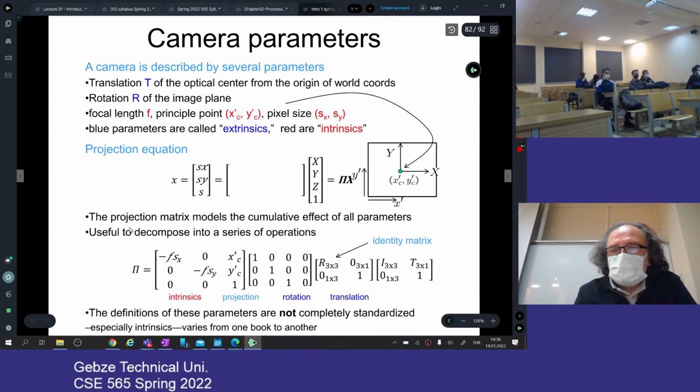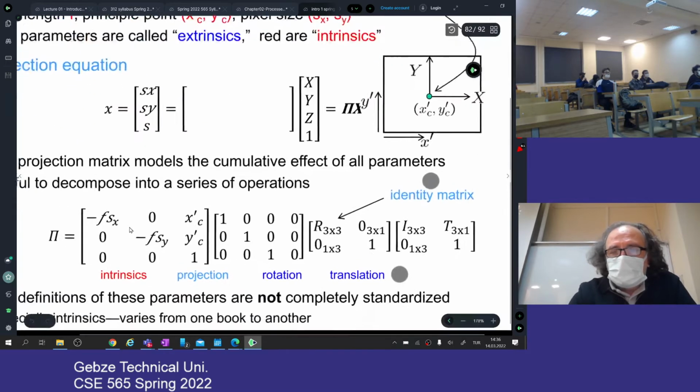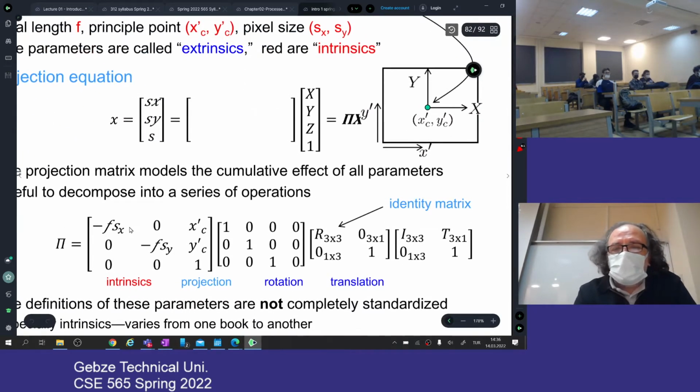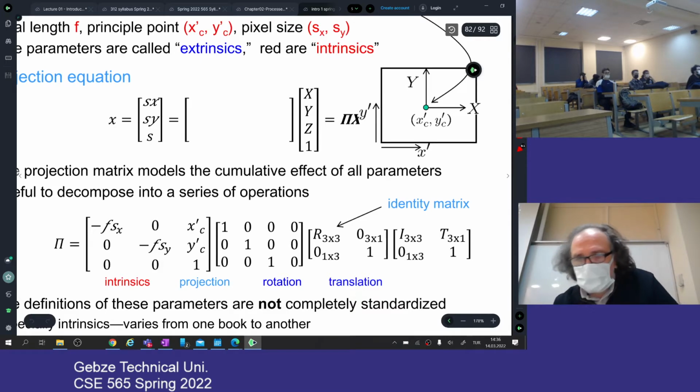This matrix can be viewed as a composition of a translation vector, okay.